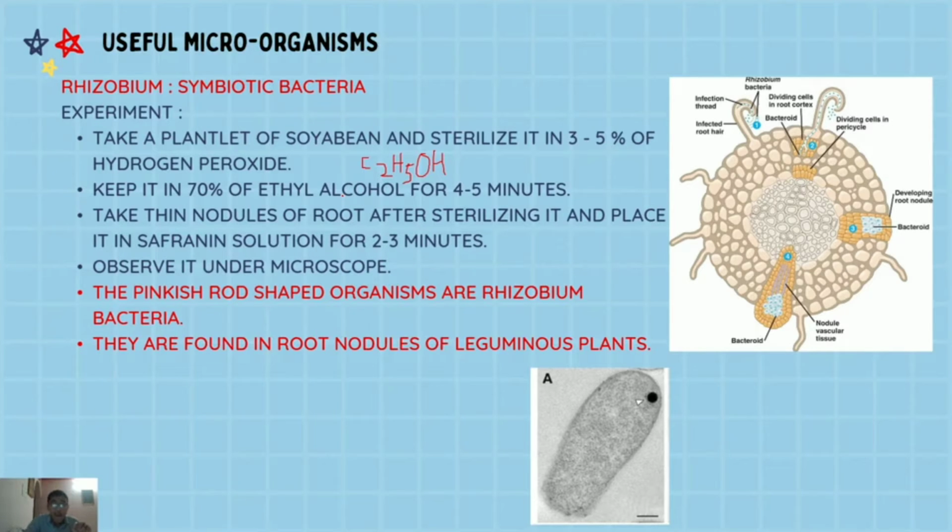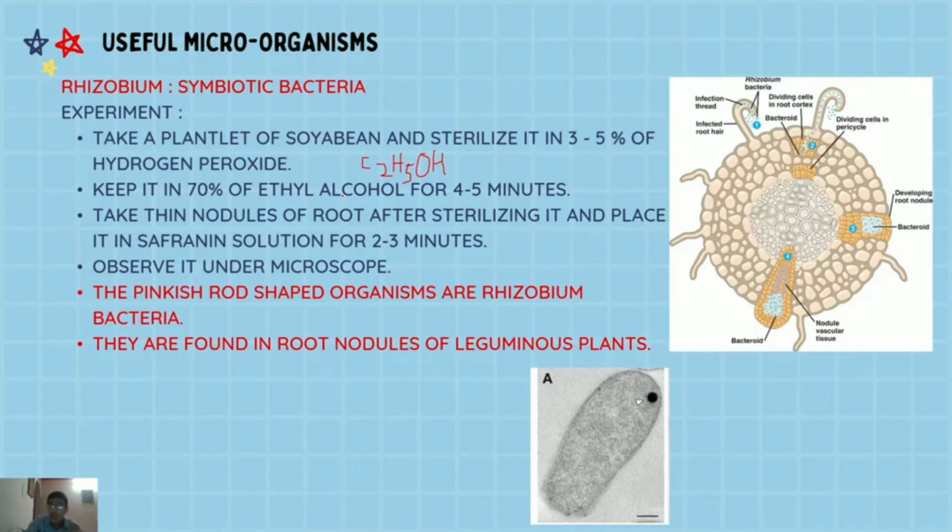So after keeping the soya bean plantlet, we will take out the root, very thin nodules of the root, a very thin part from that plantlet. We will sterilize it again, and place that nodule in a safranin solution for 2 to 3 minutes.